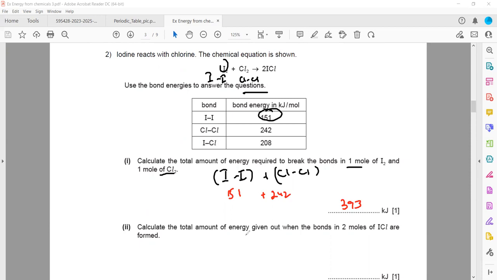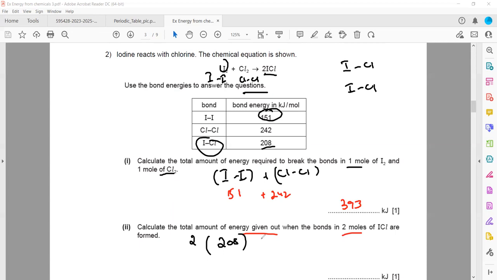Then calculate the total amount of energy given out when 2 moles of ICl are formed. When 2 moles or 2 molecules of ICl are formed, it means I-Cl and I-Cl. When one bond is formed, the amount of energy is 208. But there are 2 bonds formed, like 2 bonds of ICl, so it will be multiplied by 2.